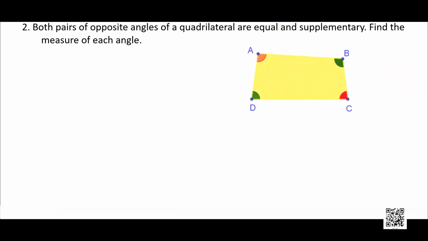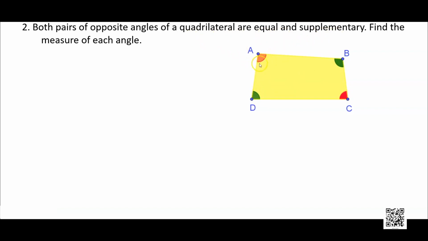Now, how do we take our assumptions here? So, we'll assume this is our quadrilateral A, B, C, D. It is given that the opposite angles are equal. So, that's why it is marked as red caps there. Angle A is equal to angle C. Also, angle B equals angle D. And the second thing is that they are supplementary.